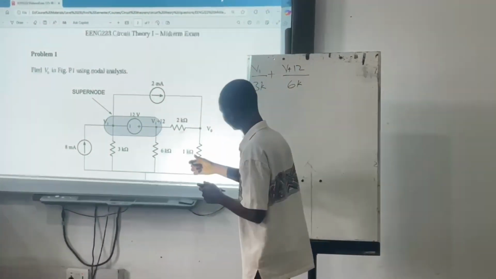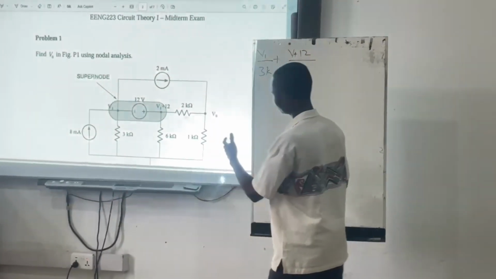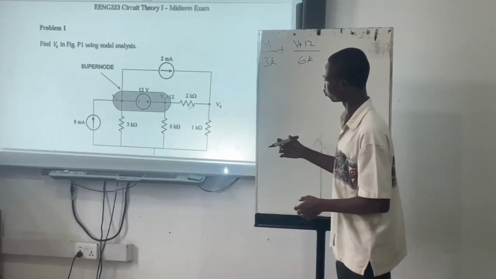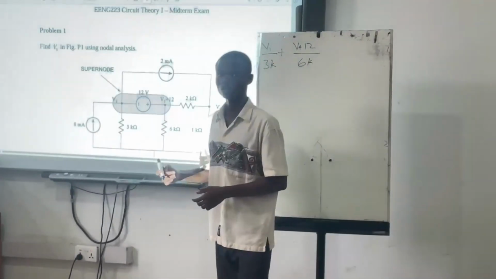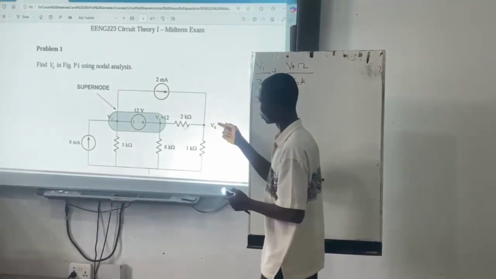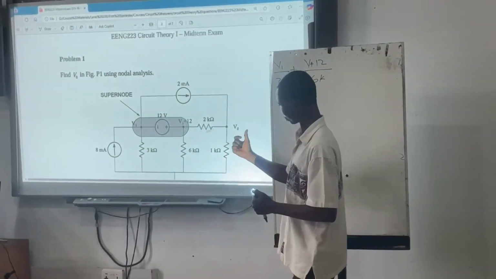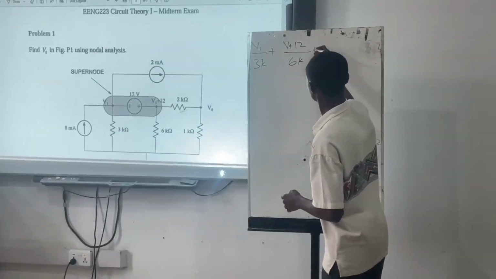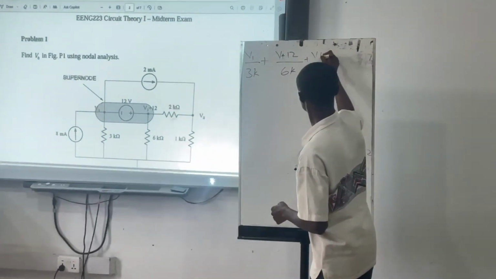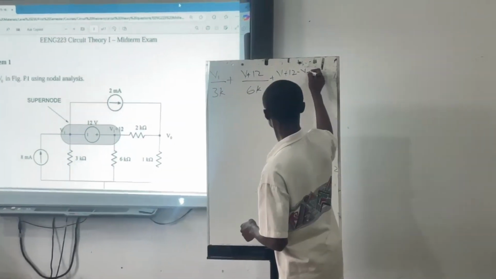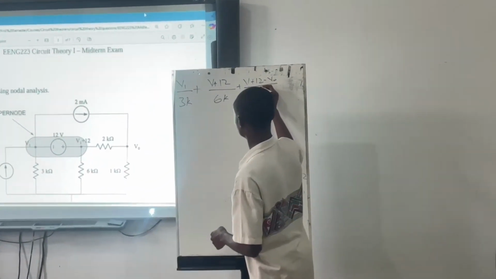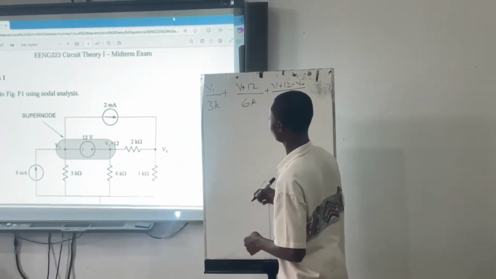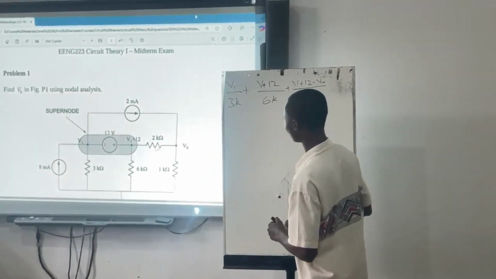There's also another current leaving here, and that current is going to be V1 plus 12 minus V naught. The reason why it's minus is that we are moving in the direction of the current. So plus V1 plus 12 minus V naught over 2 kilo ohms.